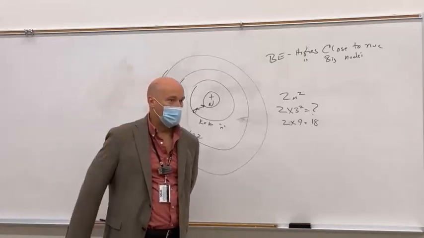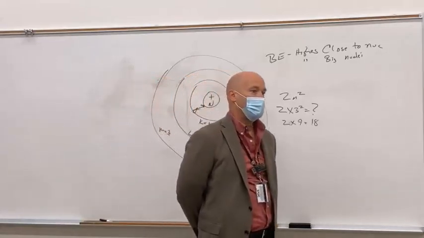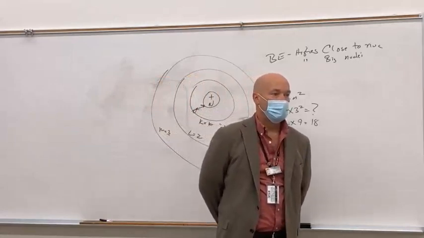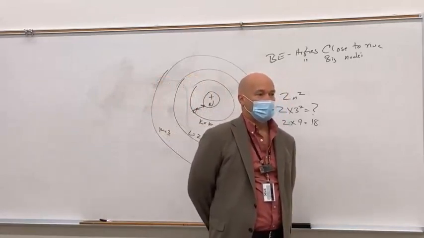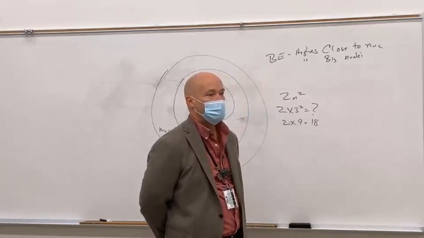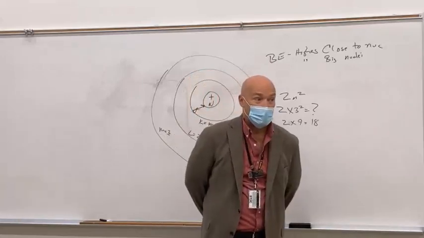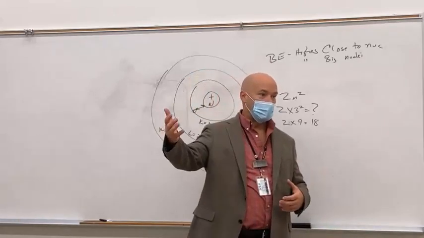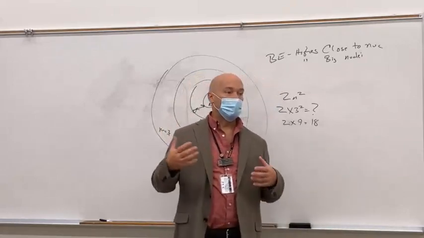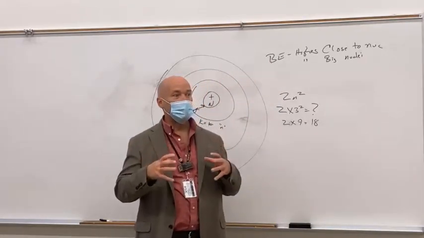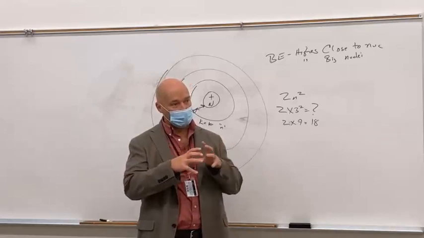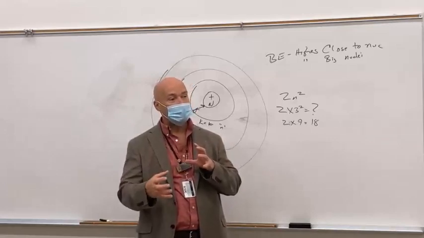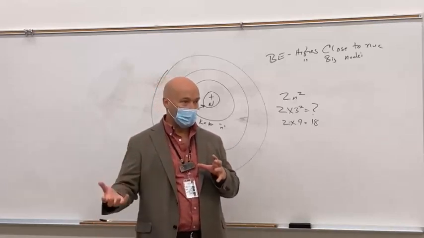We had some confusion on the force of the binding energy. In what types of atoms is it greatest, and in what types is it weakest? The greatest would be in the higher atomic number. So the higher the atomic number, the stronger the binding energy, and the lower the atomic number, the weaker the attraction.